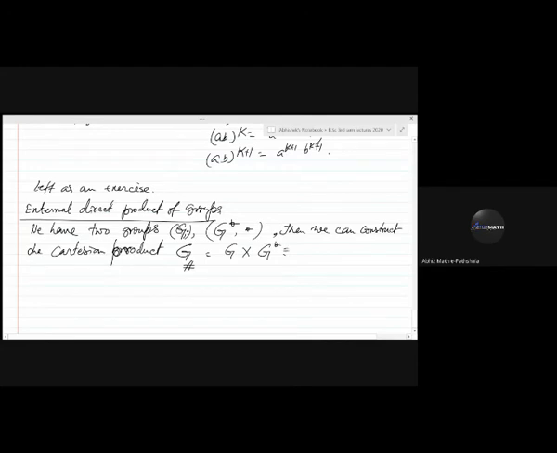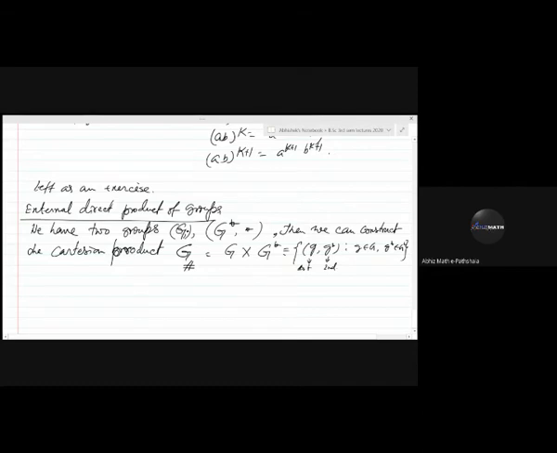That means it has elements like this, right? The first place will have elements from G, and for the second place it will have the elements from G star, and these are ordered pairs, and that is why it is called first coordinate and second coordinate.